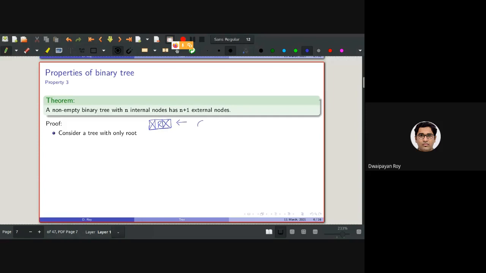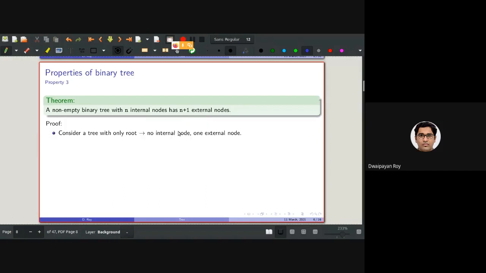A tree with only the root. Yes, external. So basically the tree is containing only one node, and the node is an external node, of course, because it is not containing any left child or right child. So basically this is the root as well as this is the leaf.